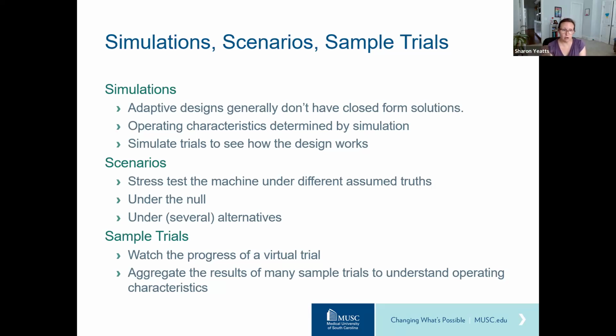So certainly under the null where nothing is happening, you want to be sure that your type 1 error is maintained. But under lots of different alternatives, you want to look at and see whether your adaptive approach makes the right decision. And so you can then summarize the results of all of those simulations, but you can also extract a single trial and follow it through the process to make sure that everyone on the team agrees with the decisions that are being made at each step.